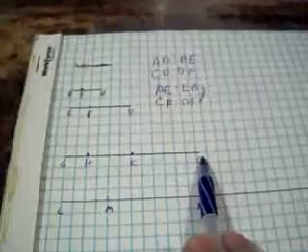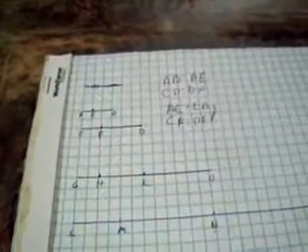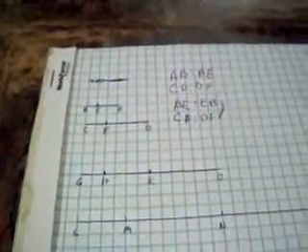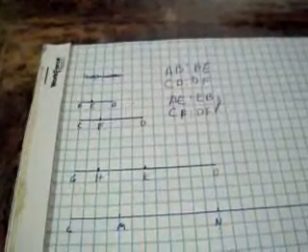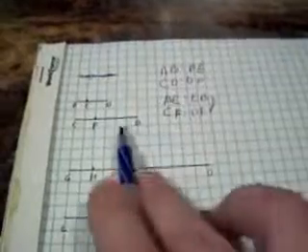Well, HO is 5 times the size of EB. And MP is 5 times the size of FD. Here's MP, and as you can see, MP is 5 times the size of FD.